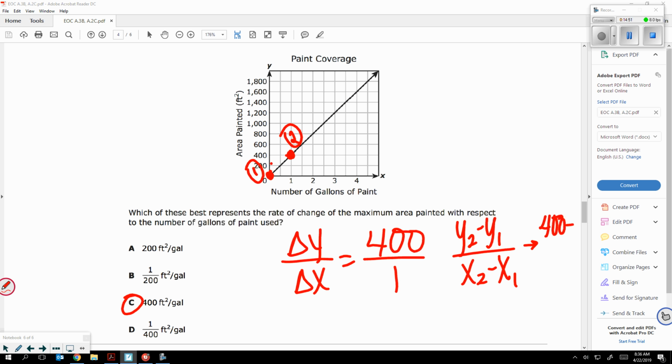What's the y value of your first point? 0, over the x value of your second point, 1 minus 0. So 400 over 1. Either way it works. You can count by the graph or you can put it in the equation. Put your phones away. Questions? Okay, next one.